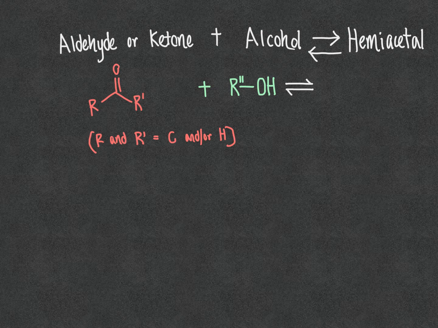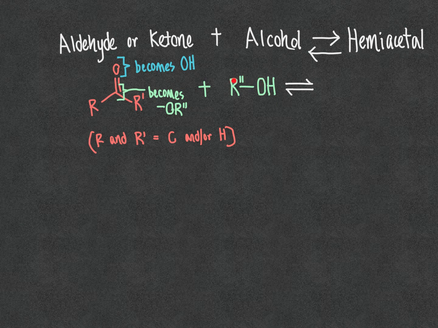During the process, if we dissect the destination of all of the atoms, the oxygen of the carbonyl group ultimately becomes, in the product, the hydroxy group of the hemiacetal. On the other hand, the carbonyl carbon right here becomes directly bonded to the O-alkyl group of our alcohol.